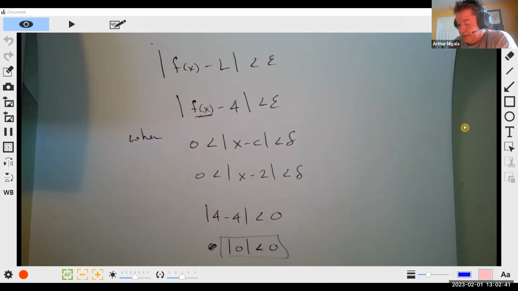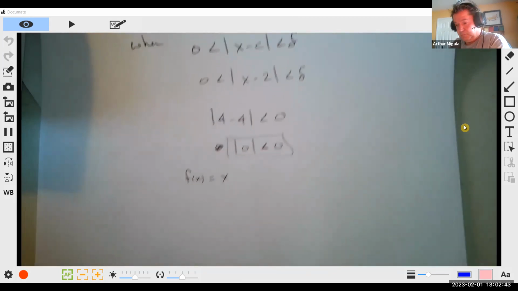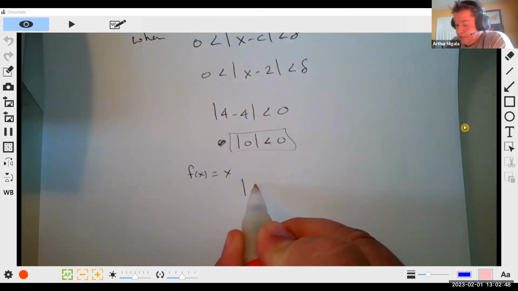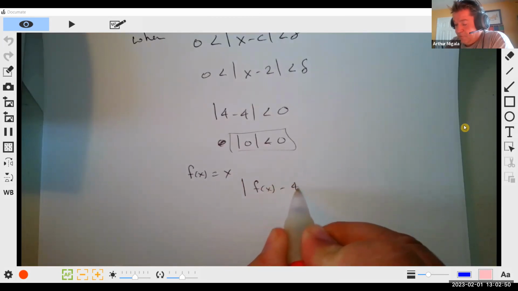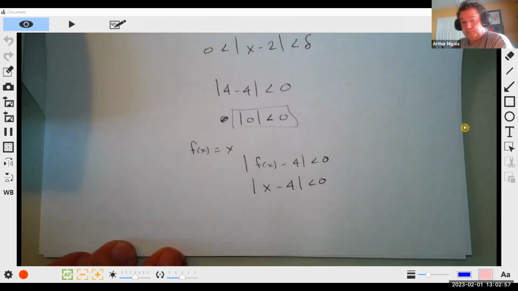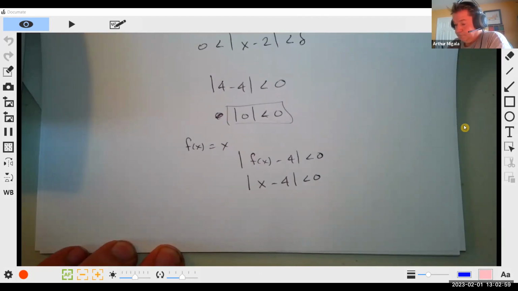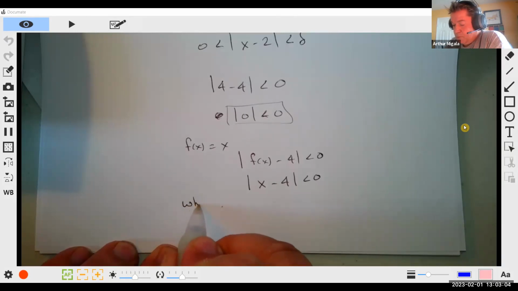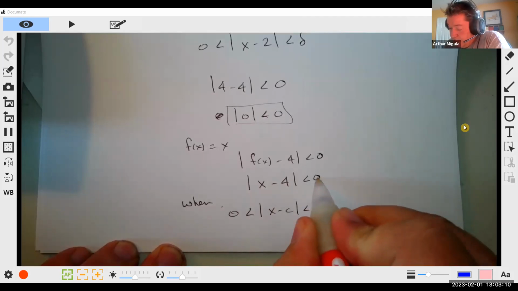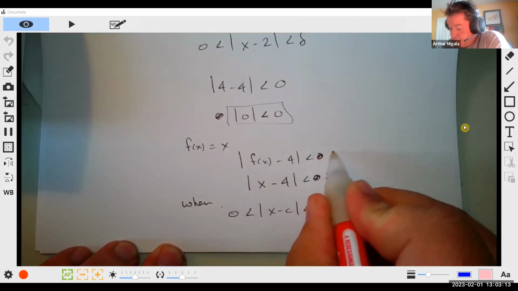We're using f of x as just being x. So f of x minus 4, when this is true. Epsilon, I'm sorry, not 0.